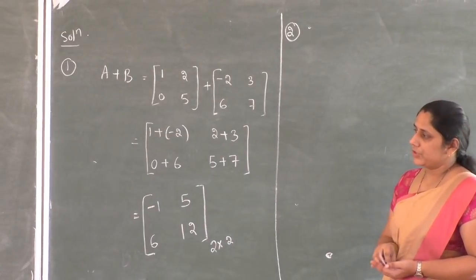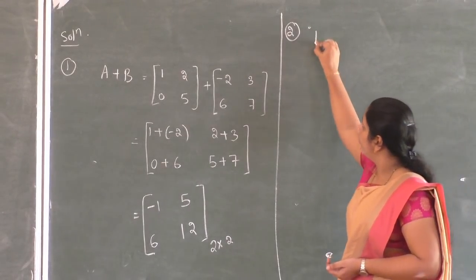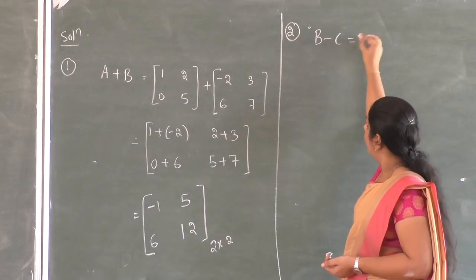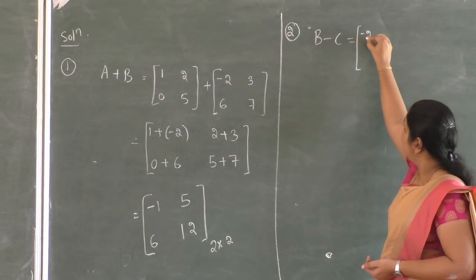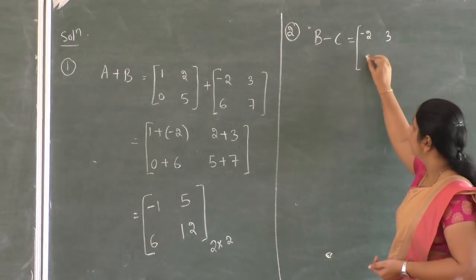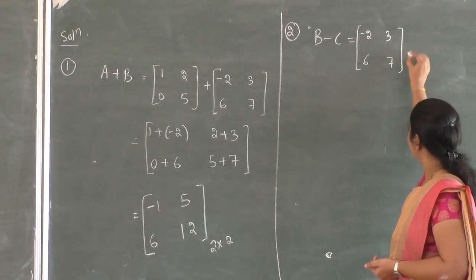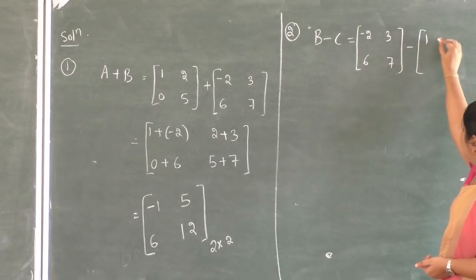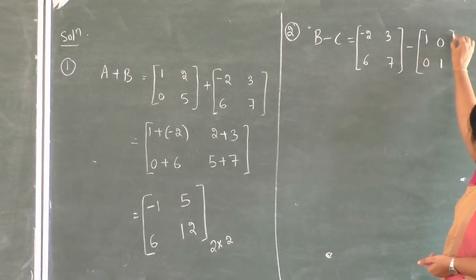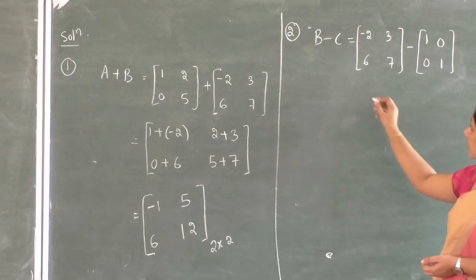Now second question, that is B minus C. So matrix B is minus 2, 3, 6, 7, and matrix C is 1, 0, 0, 1. Here C is an identity matrix.